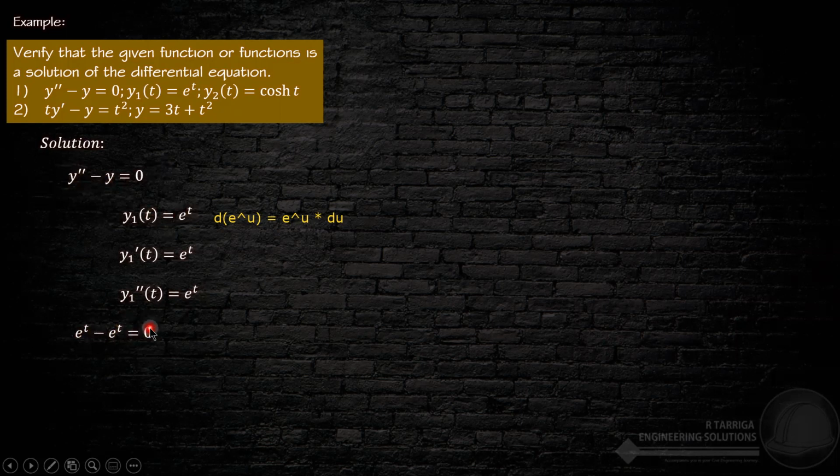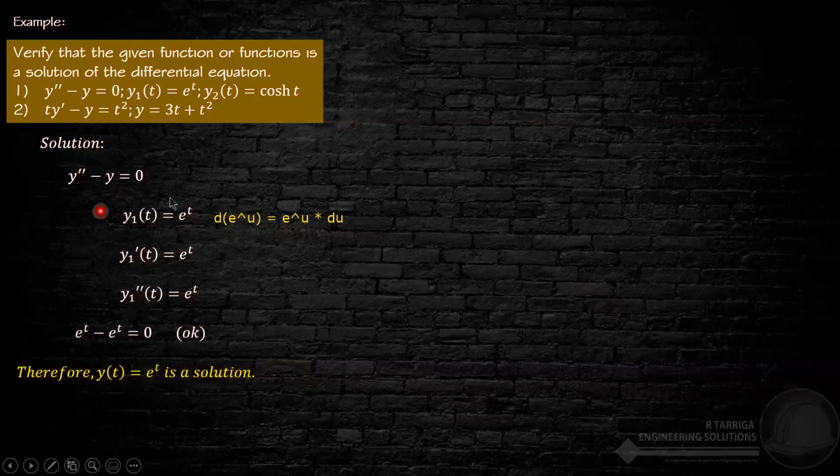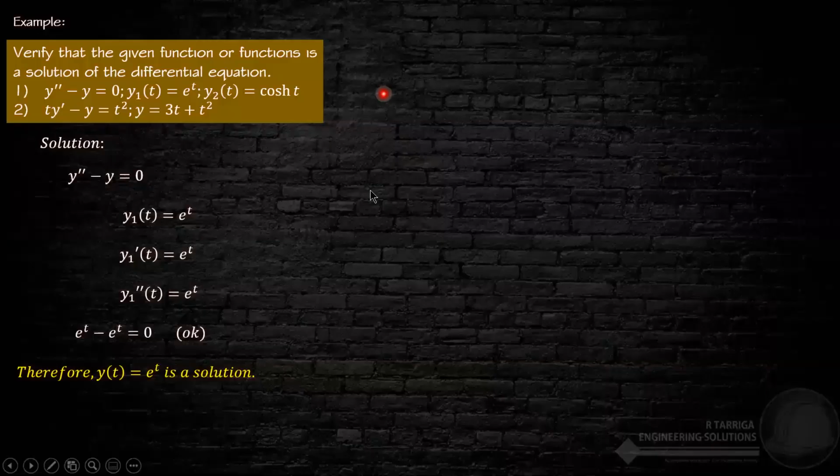Therefore, we conclude that y1 in terms of t is equal to e raised to t is a solution of this differential equation. That is an explicit solution. That is how you get an explicit solution.